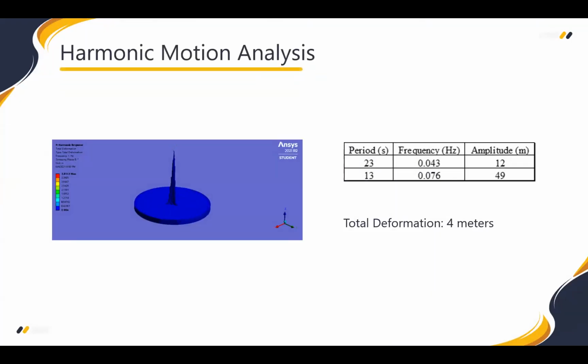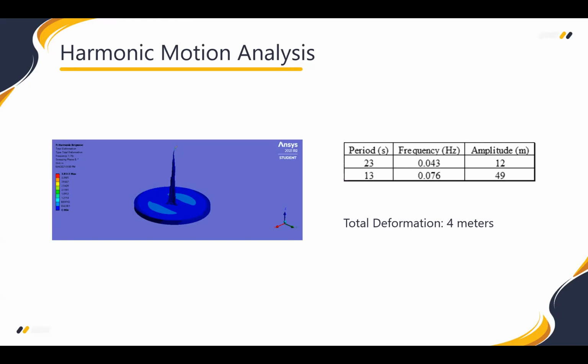So we also did harmonic motion analysis to simulate the seismic motion and verify the natural frequency of the building. As you can see on the slides, here's the deflection shape of the building without a pile foundation. When looking at the period equal to 13 seconds, the structure has a maximum response amplitude of around 50 meters.